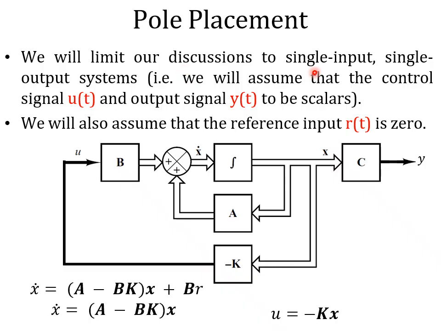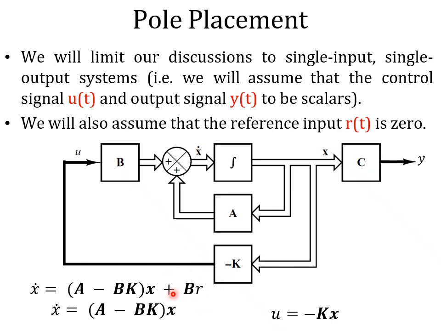We will limit our discussion to single input, single output for simplicity. We will assume that the control signal u and the output signal y are scalar values, not vectors, single input for u and single output for y. We also assume that the reference signal r is equal to 0.